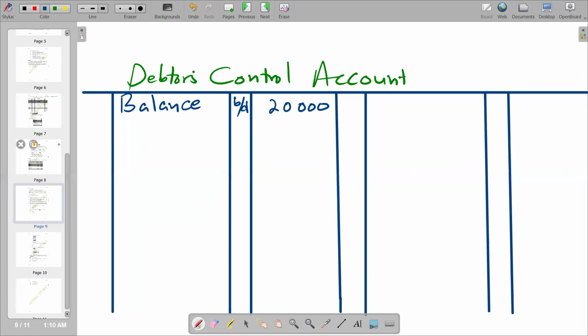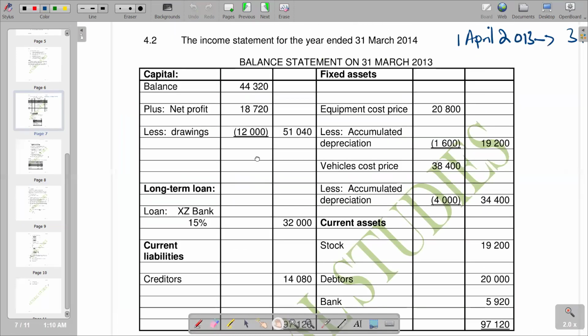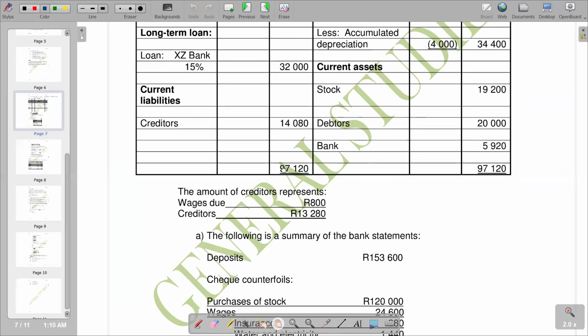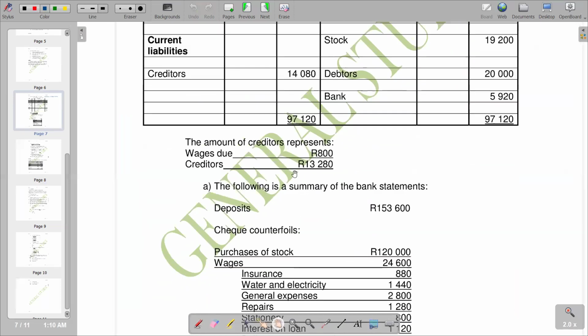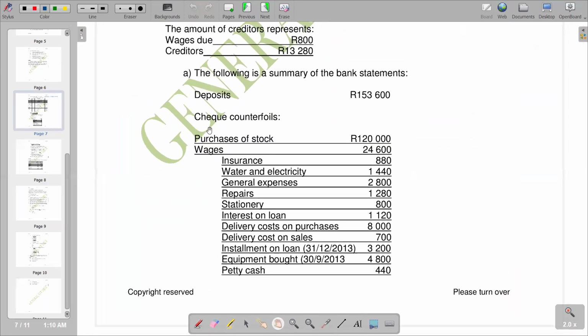Moving on, we also check for other information that we need to enter according to the question. We also need the amount of bank, that is the amount received from debtors. We come here and you see we are given a summary of the bank statements, whereby you're given deposits of 153,600.